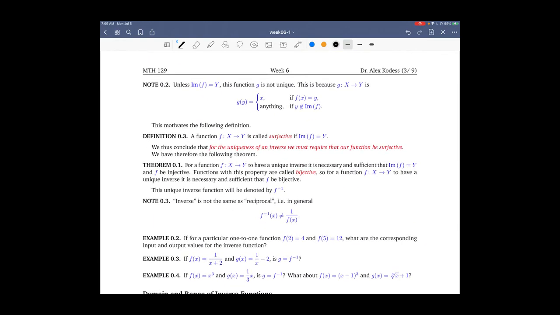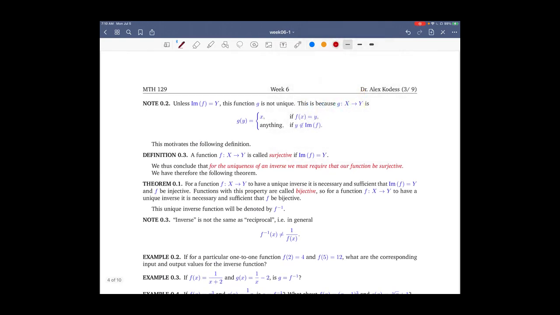The answer is no. When an inverse exists, it is generally not unique. And here is an explanation why.